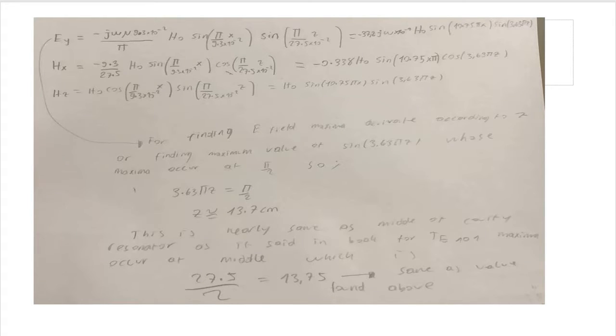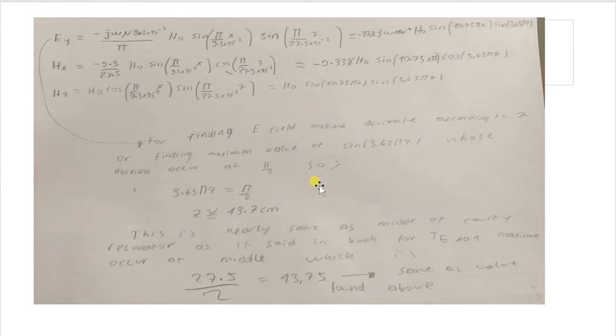Here I will calculate the antenna location. This is done by simply differentiating the EY component with respect to Z, but since maximizing this function is very simple because it's a sine function, I just maximize it by setting it to the sine function's maximum value, which occurs at pi over 2.